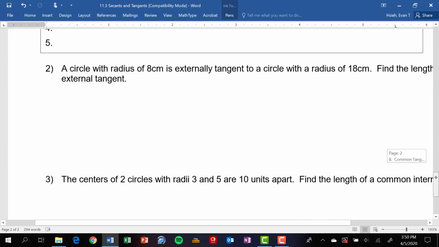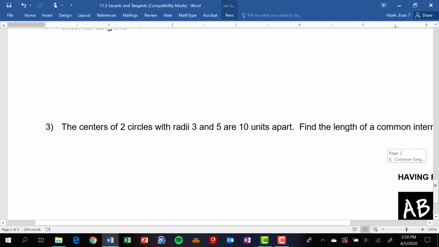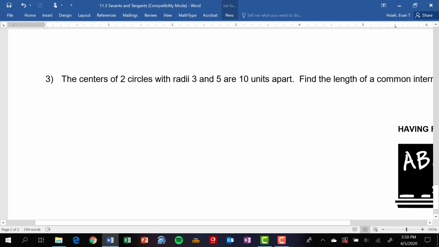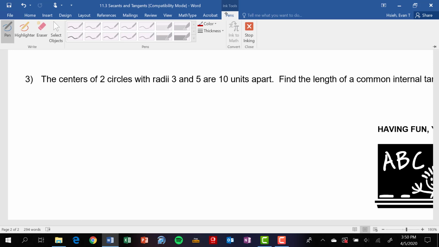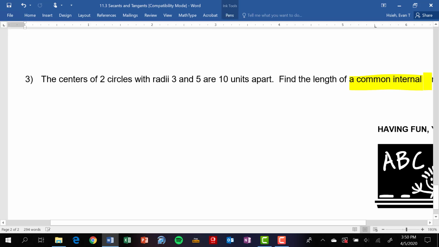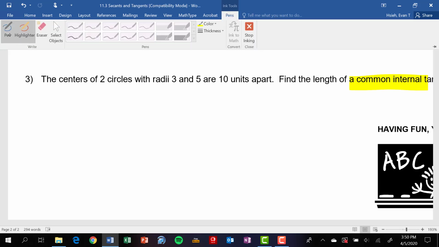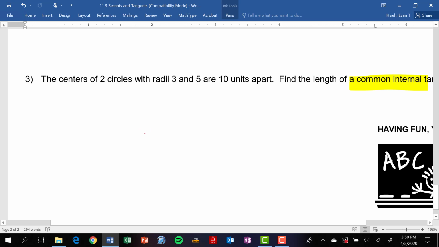Let's try one more problem. Let's do this problem down here, number 3. We'll do a common internal tangent problem. So I'm going to go ahead and draw this again. I'm going to draw it so that, again, my two circles are, well, that looks more like a heart.